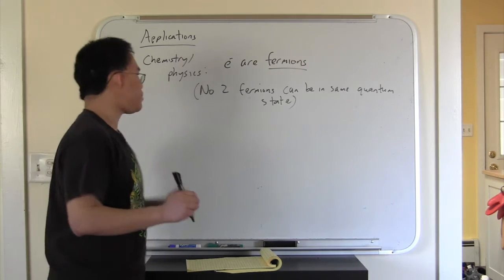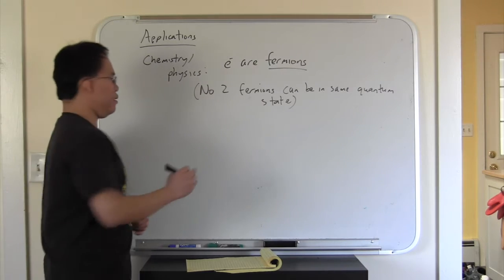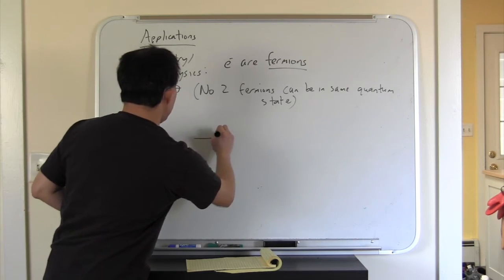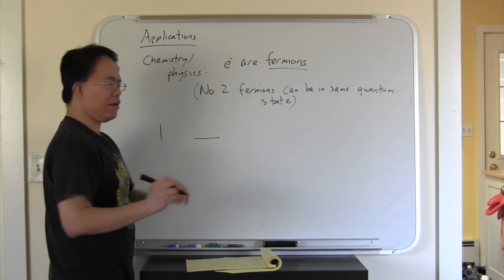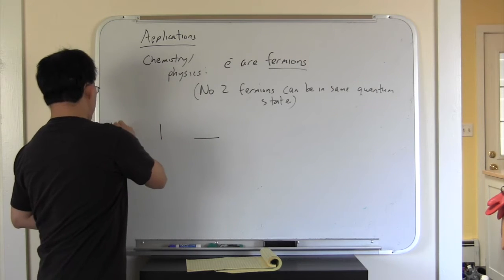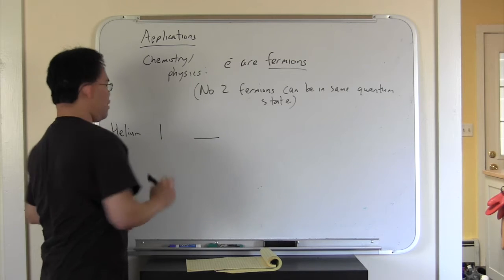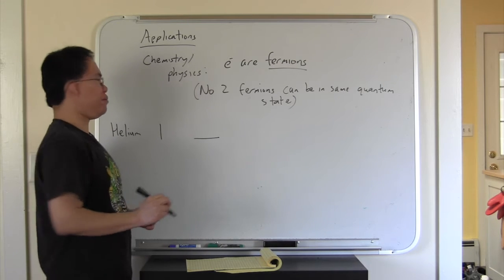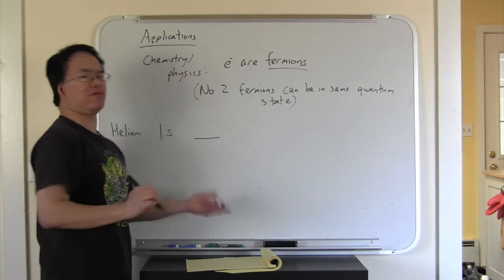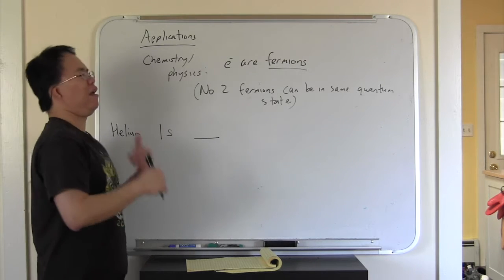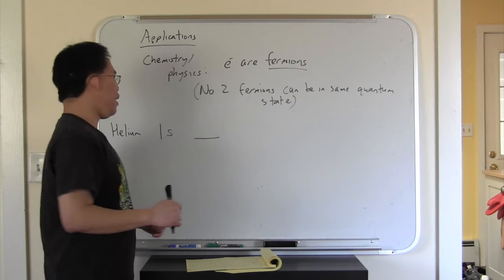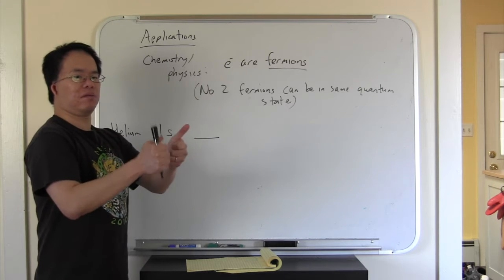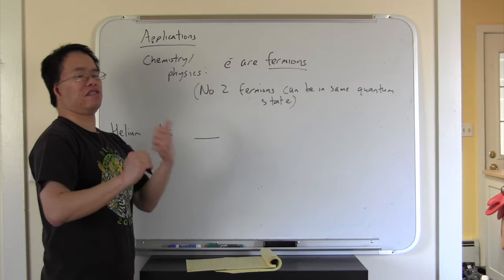So if I were to imagine putting 2 electrons in the ground state of helium, it's just like what we had before for hydrogen, where there's a 1s, or n equals 1, L equals 0 state. It turns out that those 2 electrons have to have opposite spins.